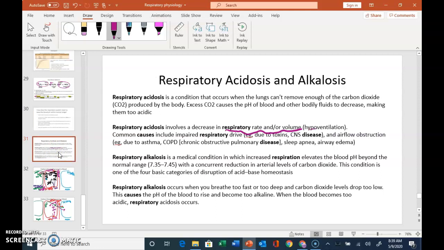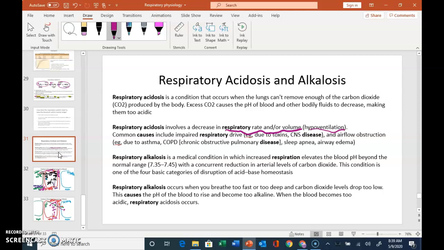And the common causes include impaired respiratory drive due to toxins, problems in the central nervous system, which cannot really regulate the respiratory centers of the brain. If you have chronic obstructive pulmonary disease, COPD, or asthma, sleep apnea, airway edema, in all these cases, the condition can lead to respiratory acidosis.